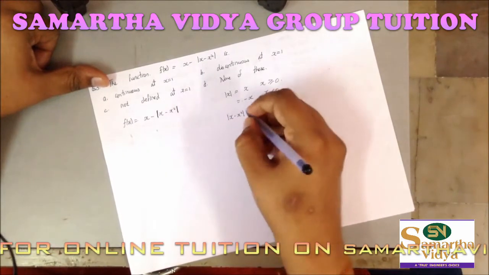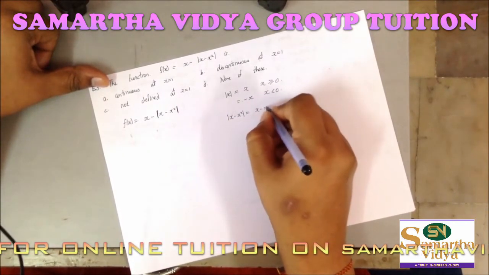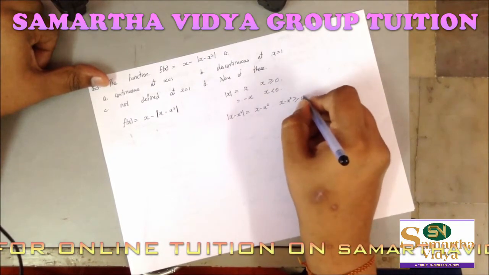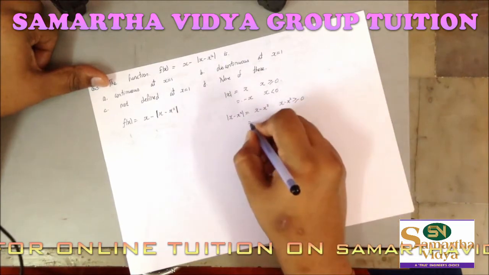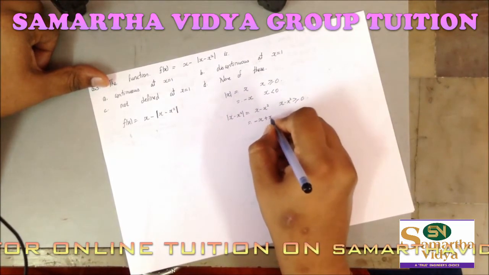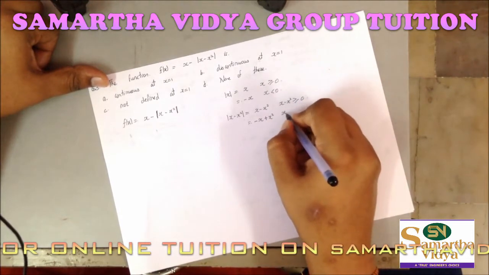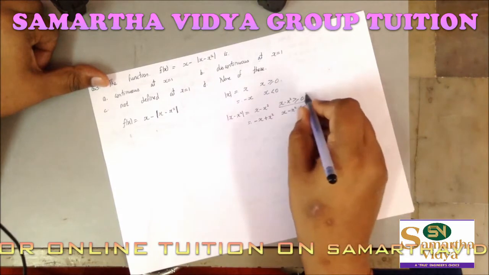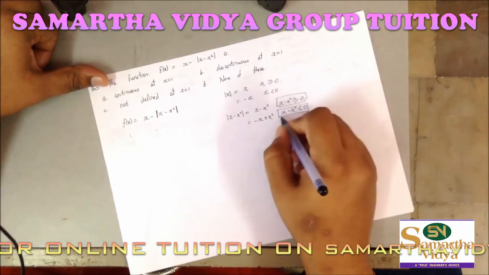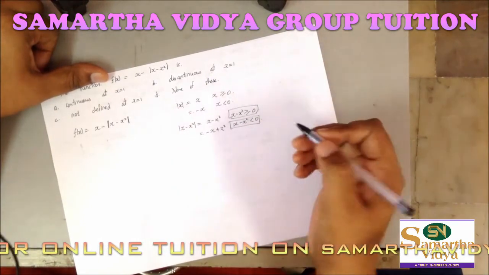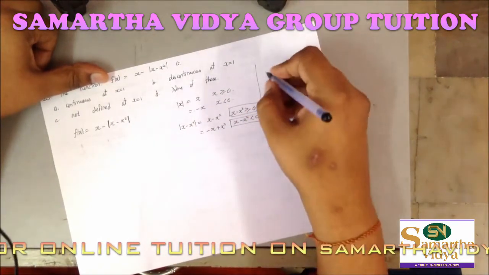The function's value is going to be x minus x square if x minus x square is greater than or equal to 0, and it will be equal to minus of this, that is minus x plus x square, if x minus x square is less than 0. So I need to understand this particular region, that is x minus x square greater than 0 and x minus x square less than 0. Just analyzing that part.